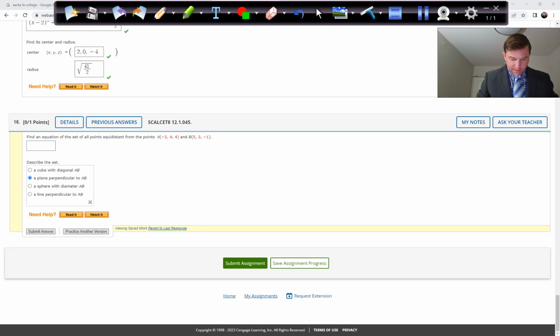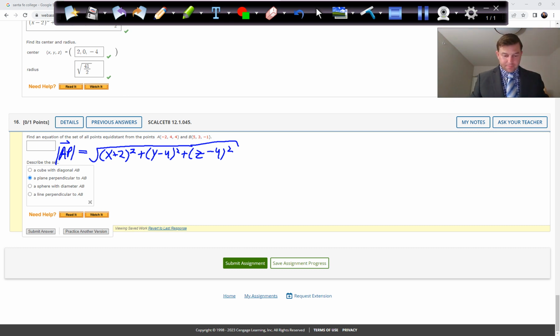So the way you find it is, we're going to use distance formula, and we're going to say the square root of x minus -2, I'm not going to show all these steps because there's a lot, squared plus y minus 4 squared plus z minus 4 squared. This is the distance A to any point P, a point on the plane.